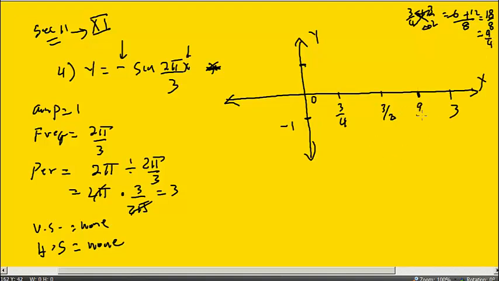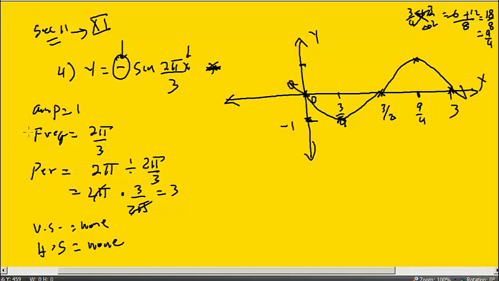Alright, a normal sine curve starts here, so does this one, but normally we would go up, but since there's a negative in the front, it will go down. Then it'll be back in the middle again, and then back to the top, and then back to the middle. So this sine curve, for one full period, will look like this.